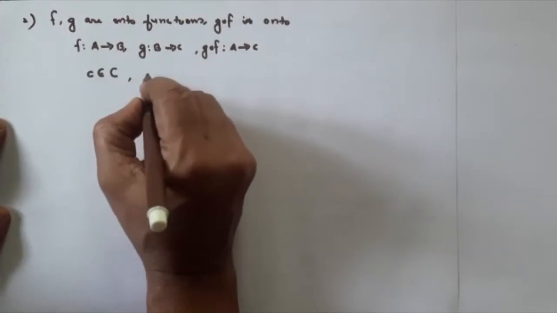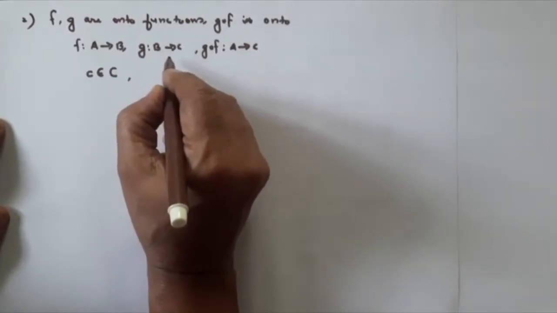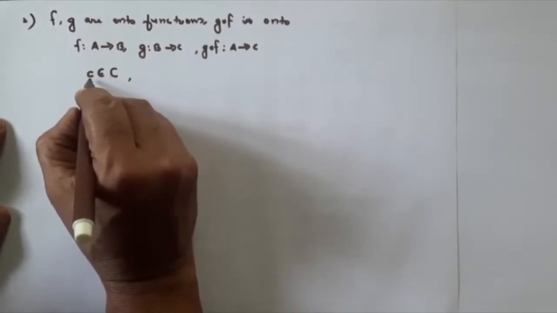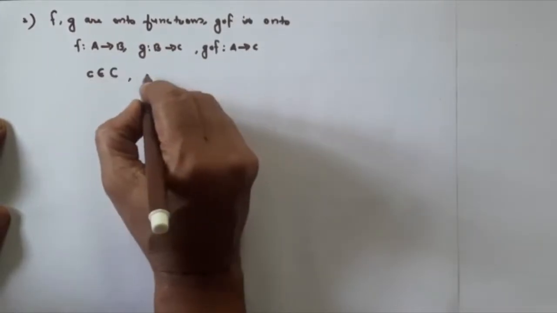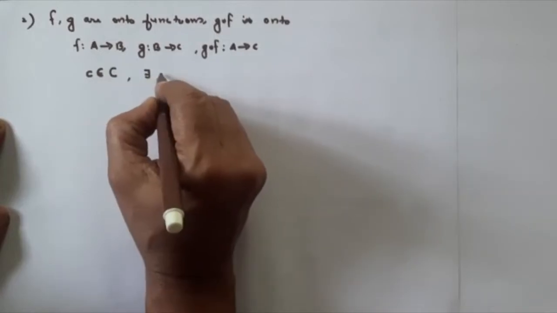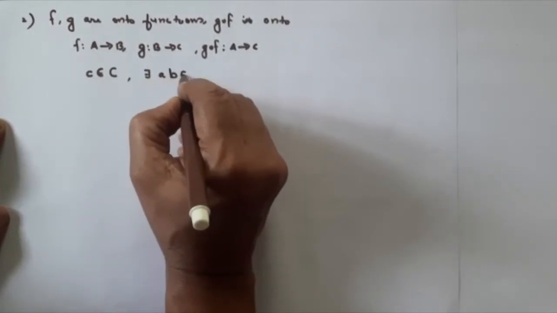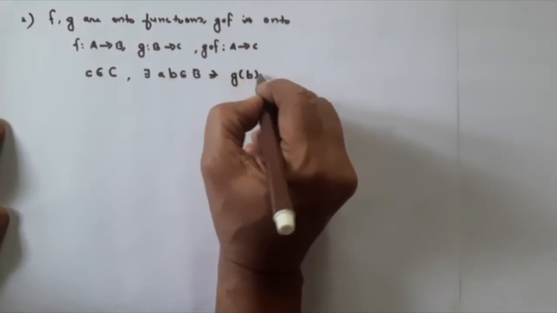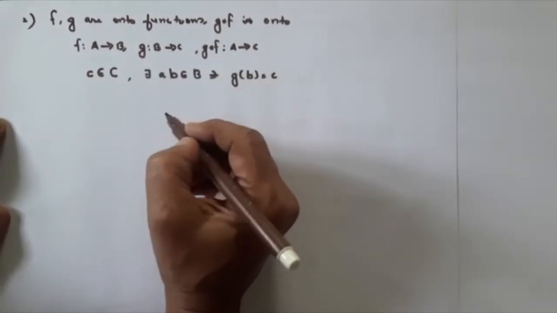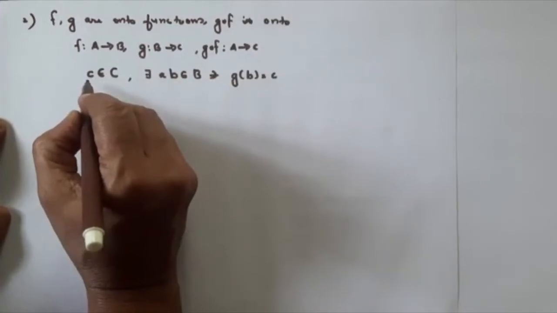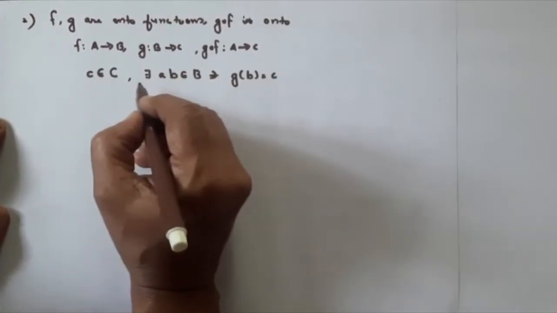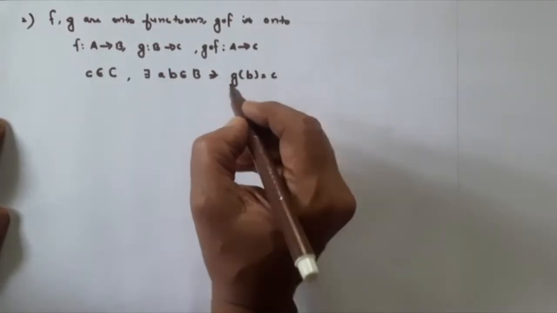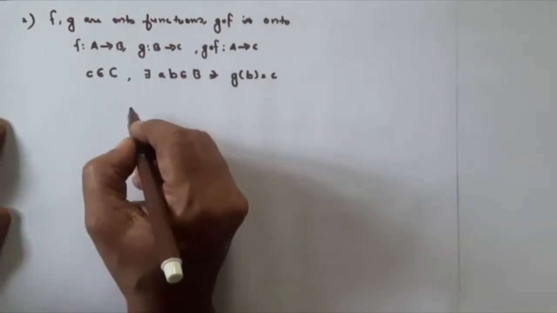Now, since g is onto, what can you write? Corresponding to this c belonging to capital C, there exists a small b belonging to capital B, such that g of b equal to small c. That means corresponding to this small c belonging to capital C, we got a small b belonging to capital B, such that g of b equal to c.